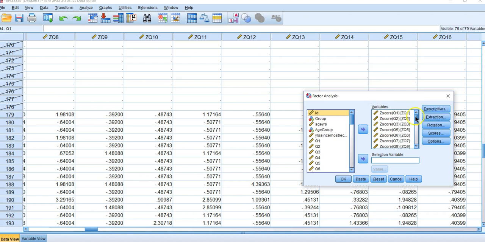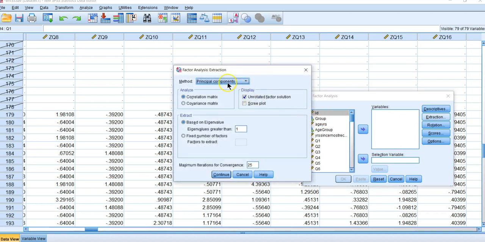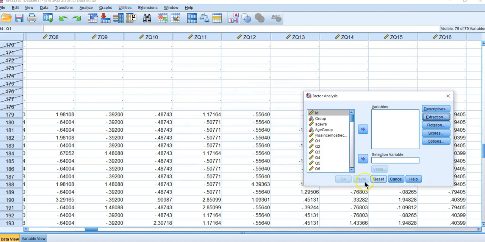Let's go to our principal components. We're going to just do this quickly to see which variables or how many factors we want to consider.